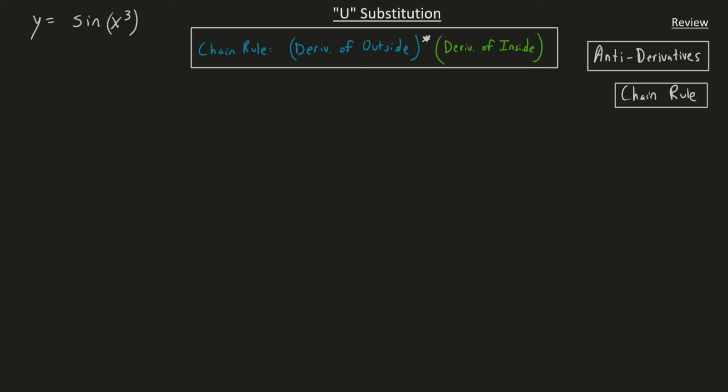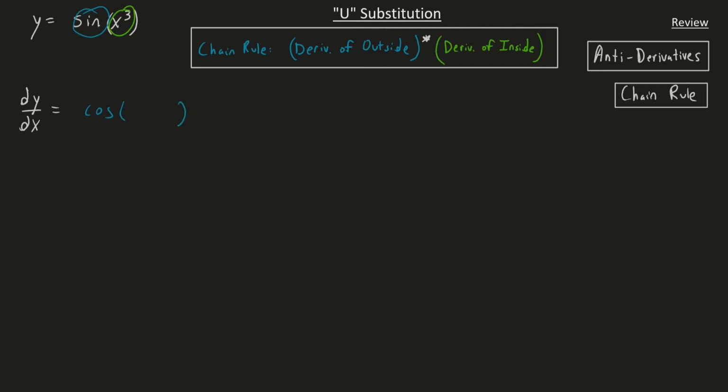I have an inside function, I plug in an x, it gets cubed, and that output leads right into the outer function, the sine. And one way to think about the chain rule is you take the derivative of the outside and multiply it by the derivative of the inside equation. So the derivative of my outside is going to be cosine, because we know the derivative of sine is cosine.